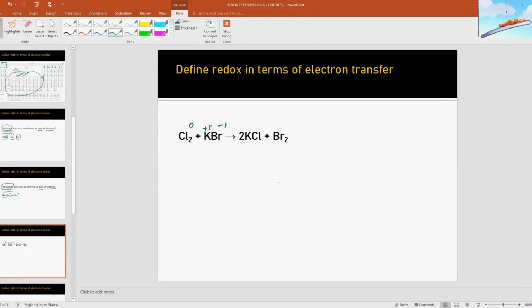On the product side, in case of KCl, K carries +1 and Cl carries -1 charge. What about Br2? It does not carry any charge, which means it is zero. Let me write zero here. So in this equation, Cl2 has gained electrons and Br has lost electrons.